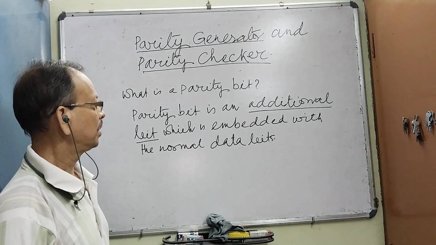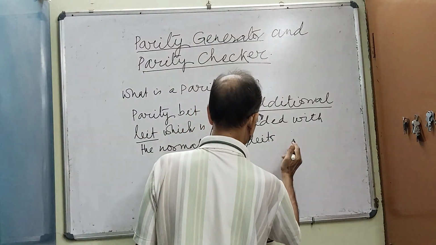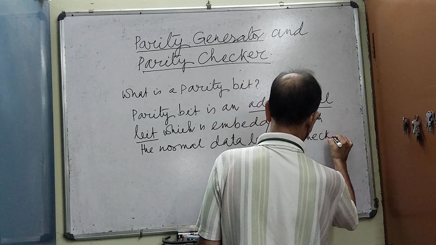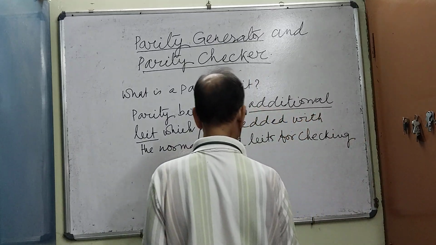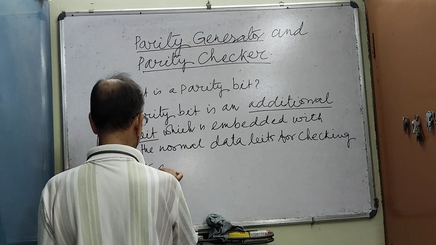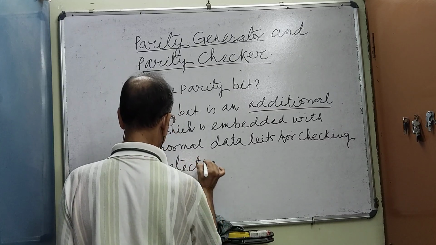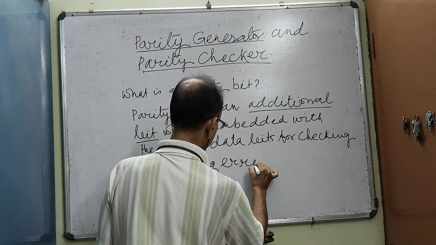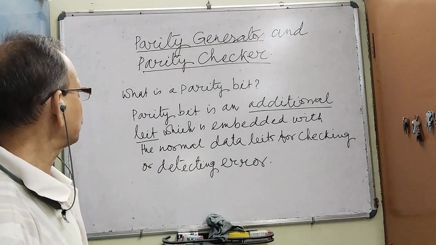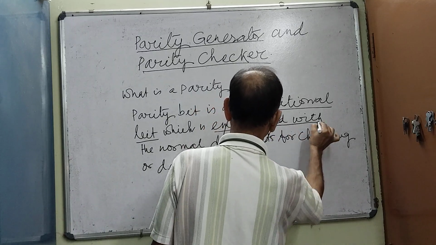Why do we use this parity bit? For checking or detecting error. So is there some error or not? For that purpose we need a parity bit which is embedded with the data bits.